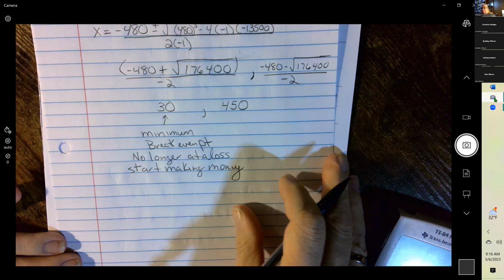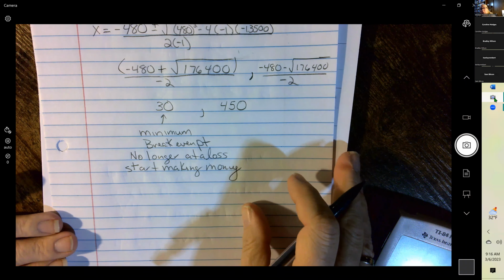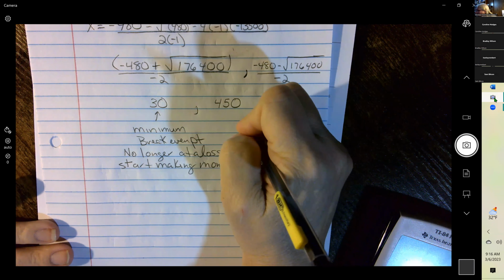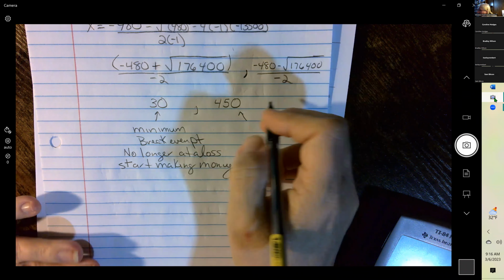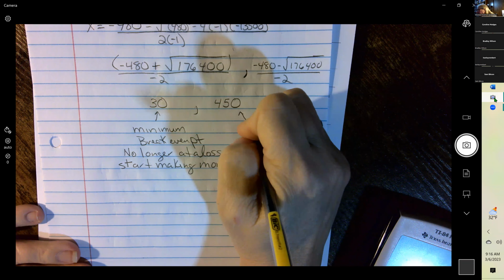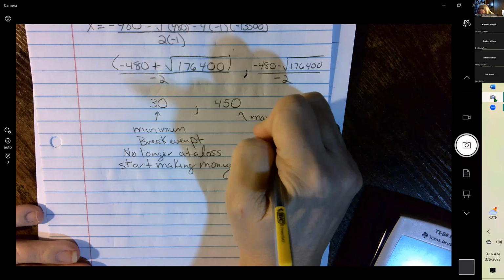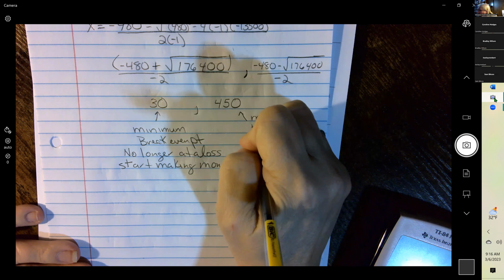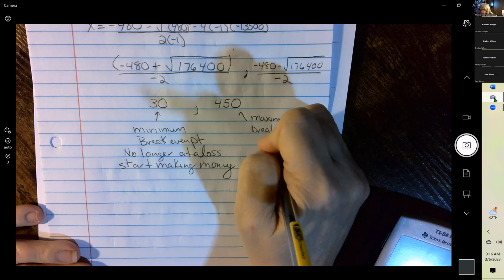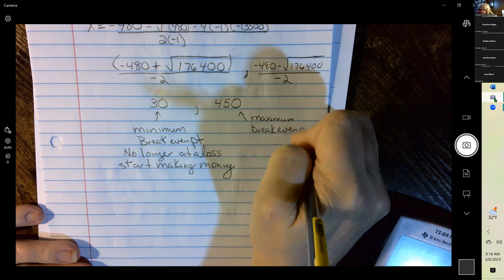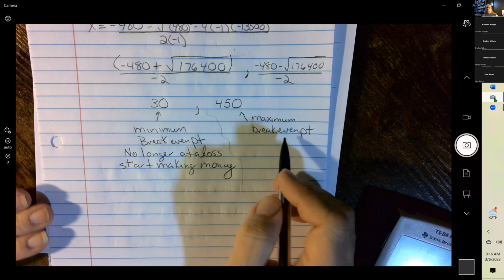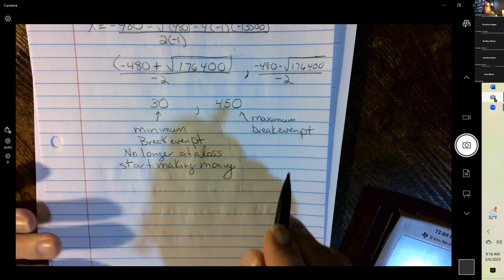You're no longer at a loss. This one is the maximum break-even. This is where you start losing money again.